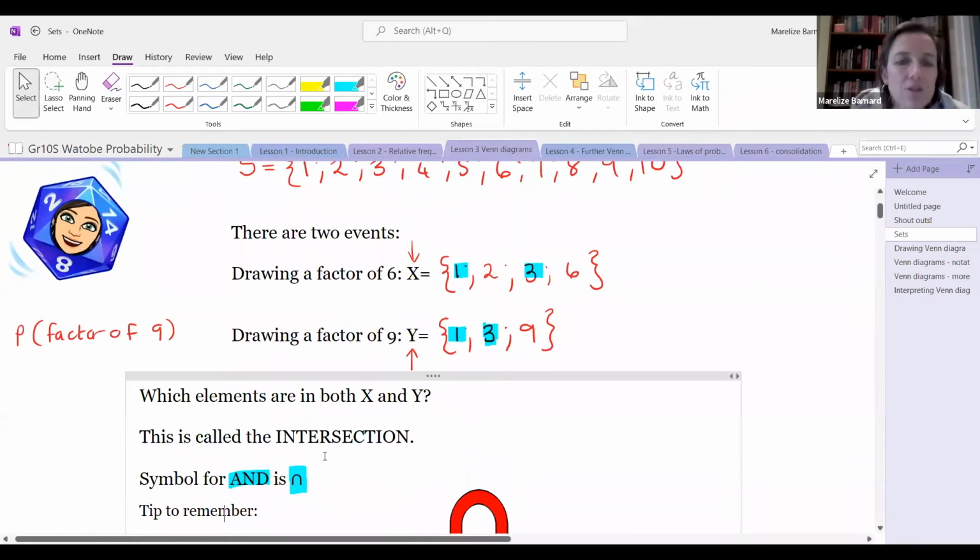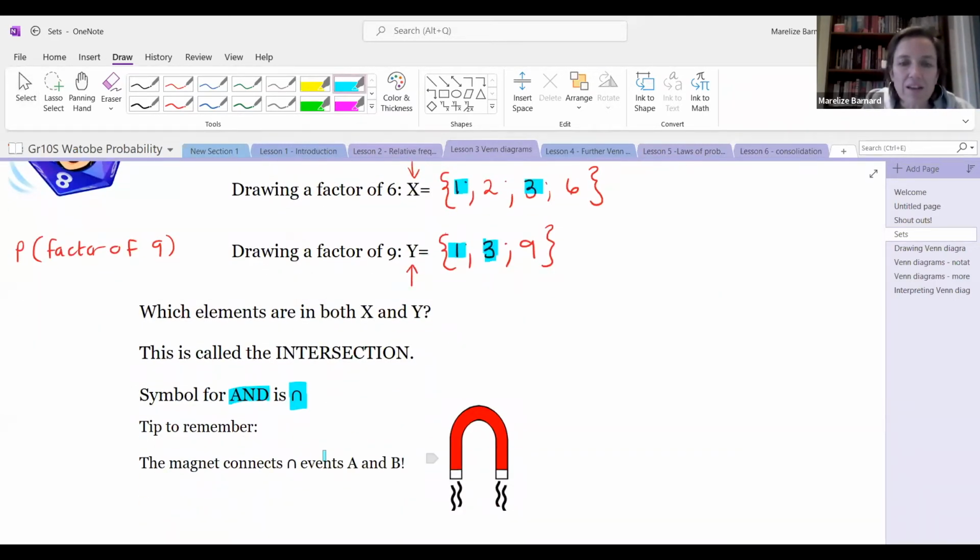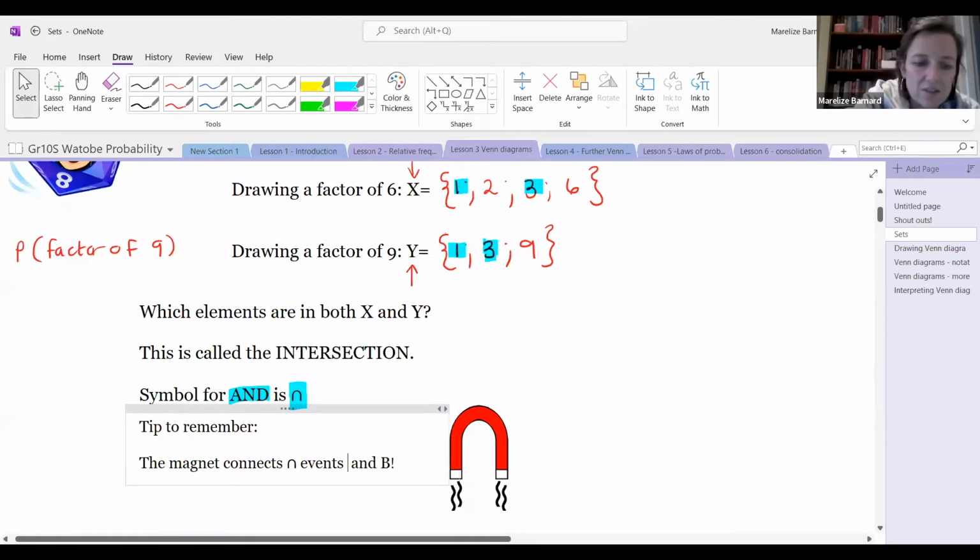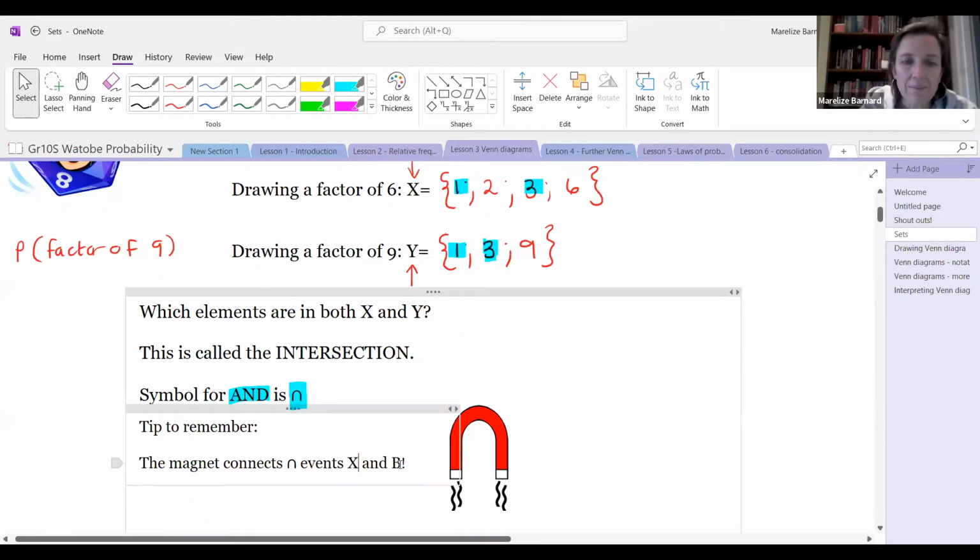And the way that you can remember it is, if you look at it, it looks like one of those magnets, right? So think of one of those magnets, and what does a magnet do? It draws things together and it connects things. So if we use that symbol, we're talking about and, and we are looking at the two events, and I'm just going to change this to X and Y. So the overlap or the intersection between them.